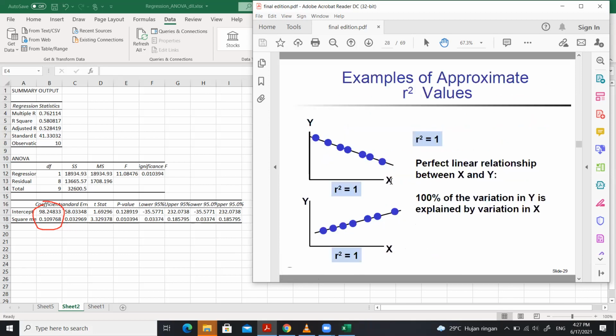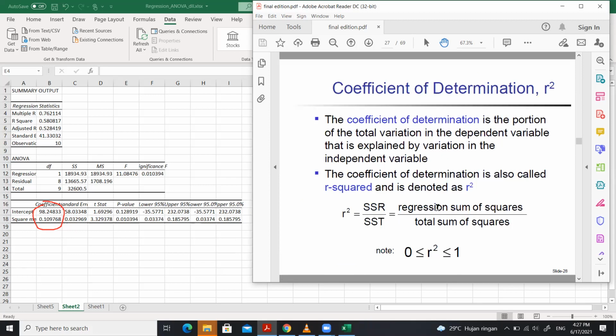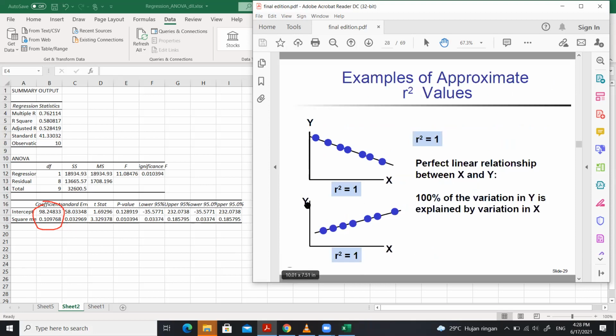And then you can see here the coefficient of determination is representing the relationship between x and y.